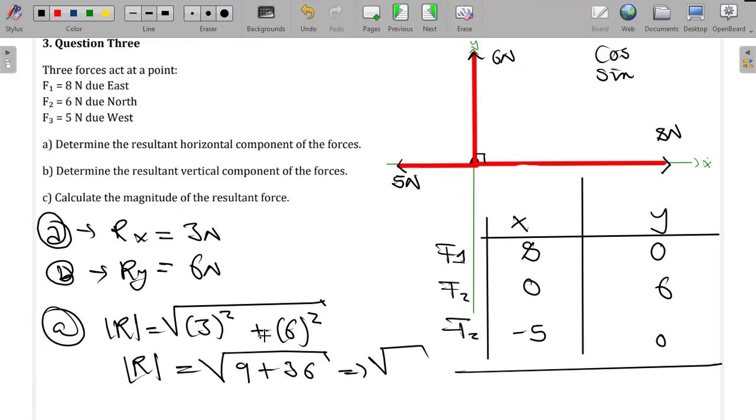What is it going to give me? 45. Then you get your square root of 45, and the square root of 45 will be 6.71 newtons. 6.71 newtons as the resultant.